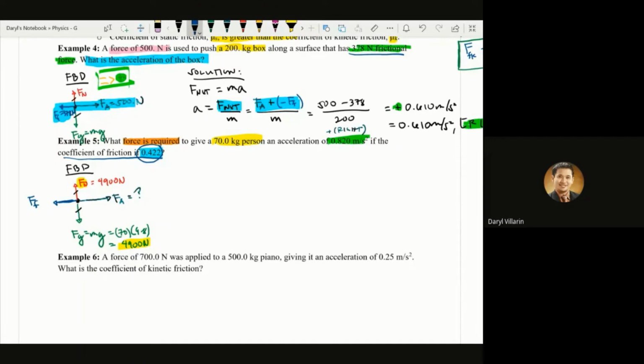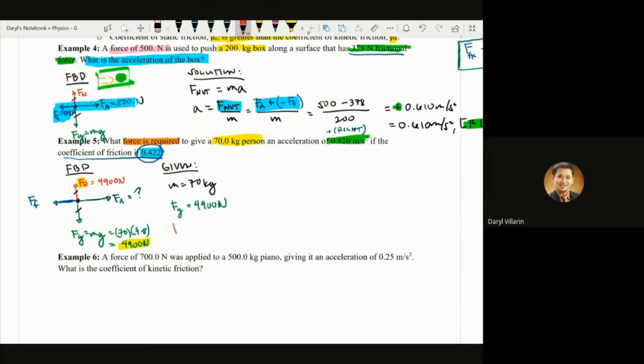But in this question, what we have is just the mu, the coefficient of friction. We're not given the value of Ff itself. However, again, if we emphasize the given quantities: this is 70 kilograms, Fg is 4,900 newtons.